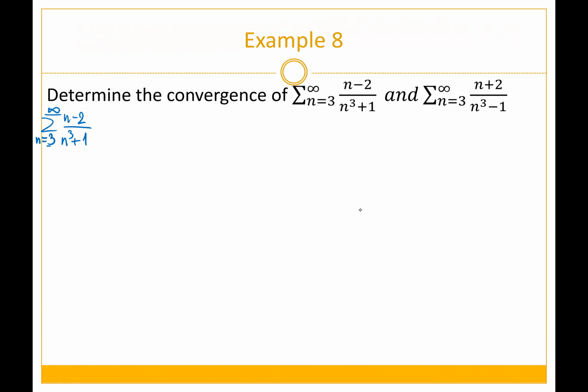So tell me, what do you think I should compare this one with? There's one answer. Any other answer from the group? I don't say it's right or wrong, I just want to know your opinion, because I want to make sure that everyone in the group understands what we're doing so far.